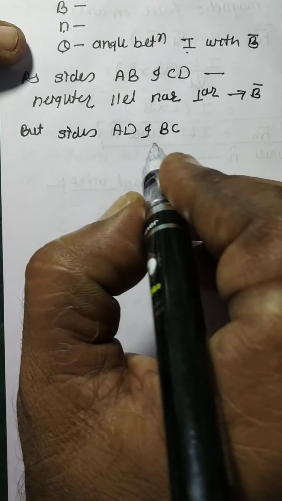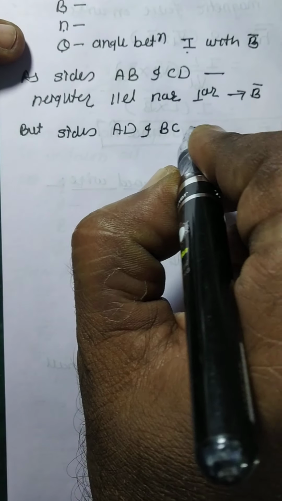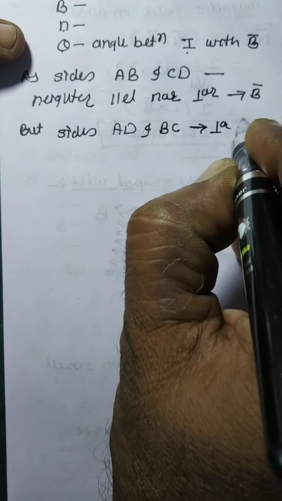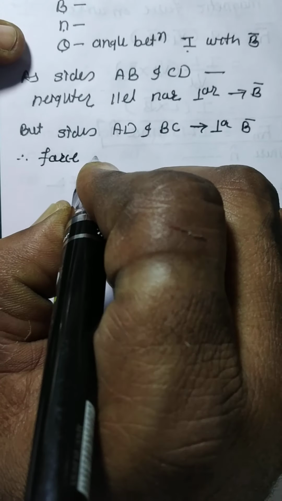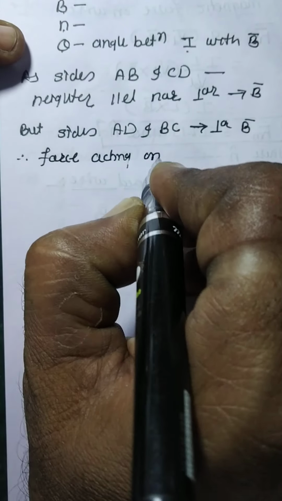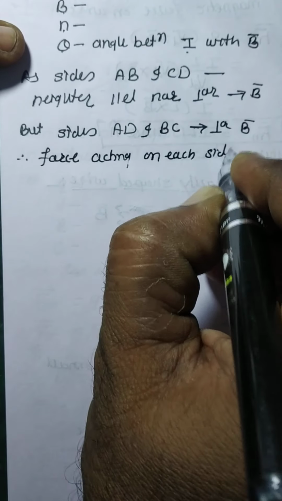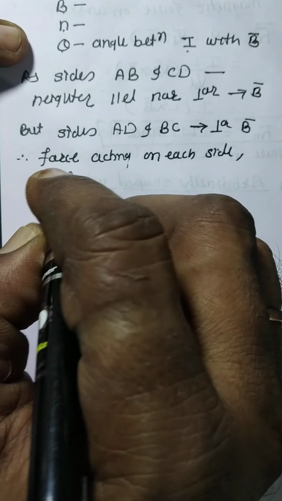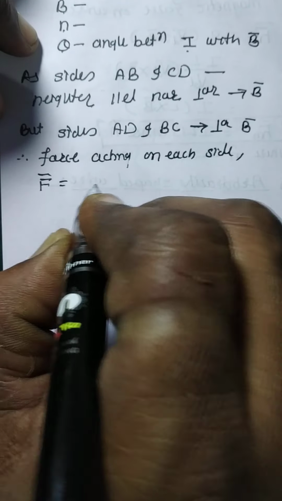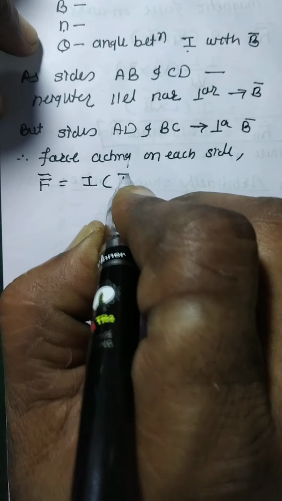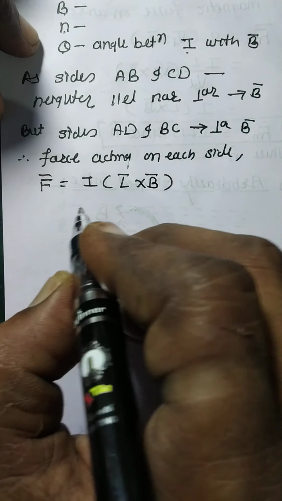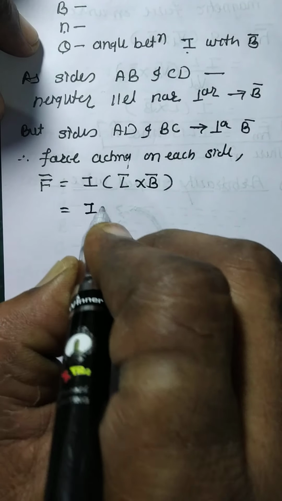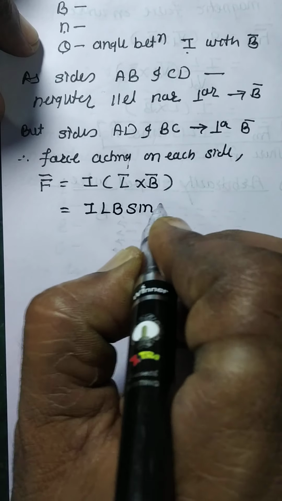But sides AD and BC are perpendicular to magnetic field, and therefore force acting on each side, that is force F, is equal to I into L cross B. As sides are perpendicular, force becomes I L B sin theta.